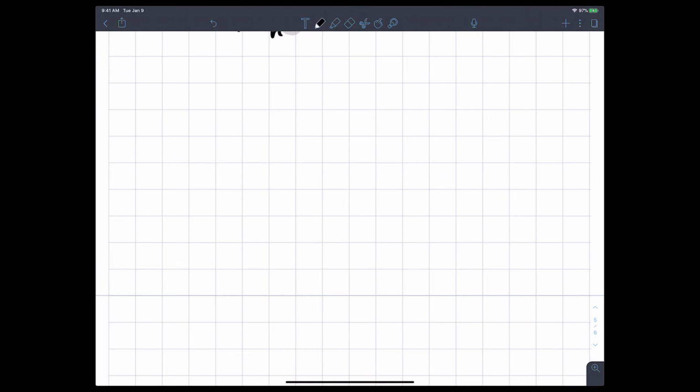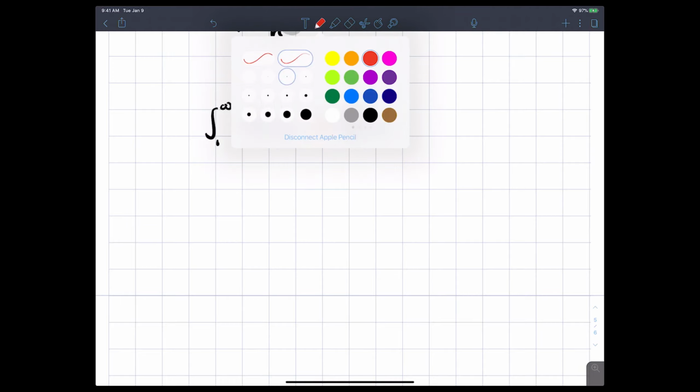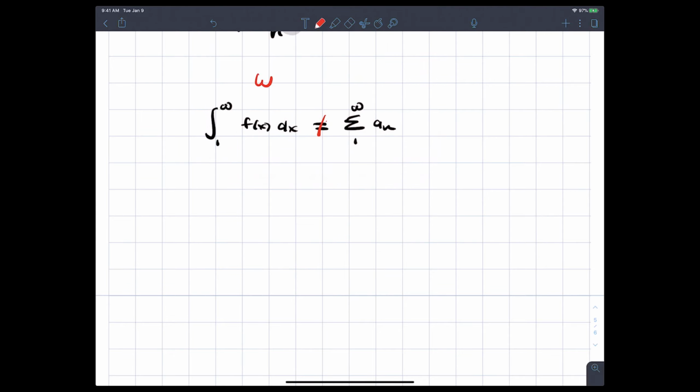Even if you have convergence, right? These two things are not the same. Okay, so we have a_n here. They are very much not equal. So I want to warn you guys, here's a warning.